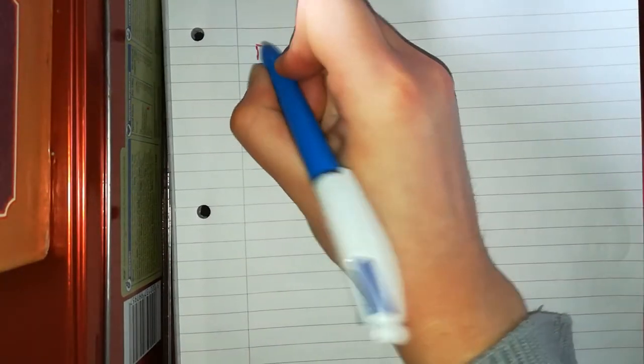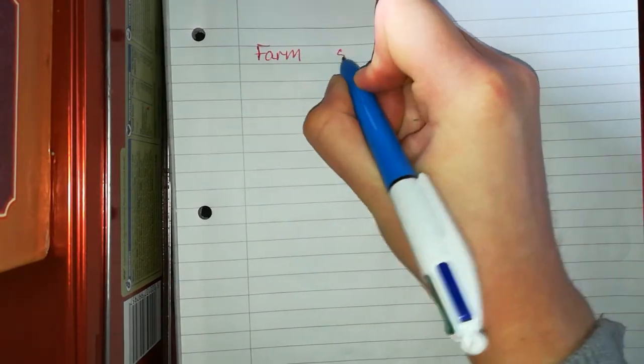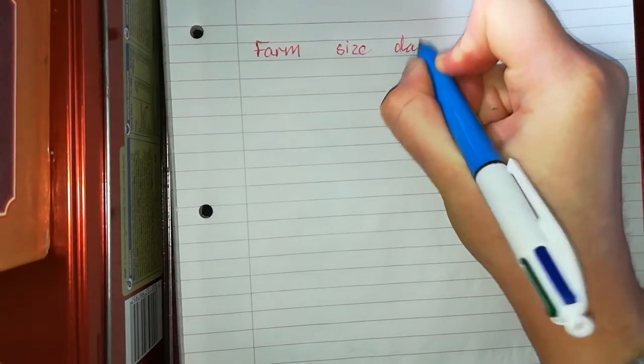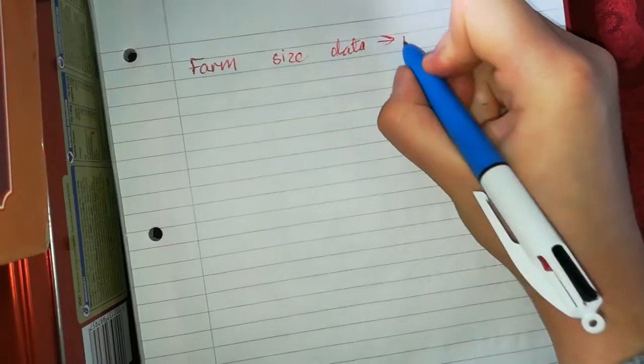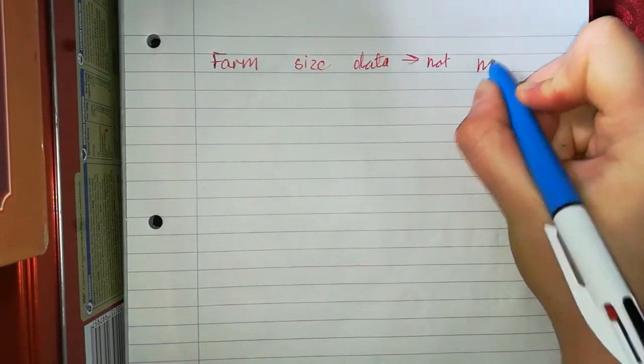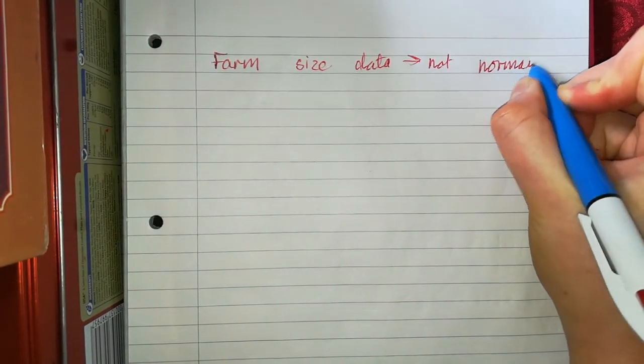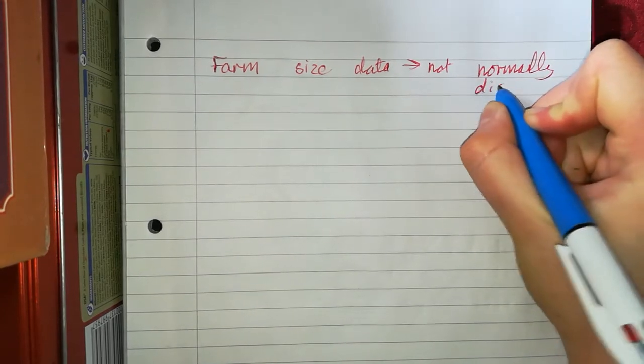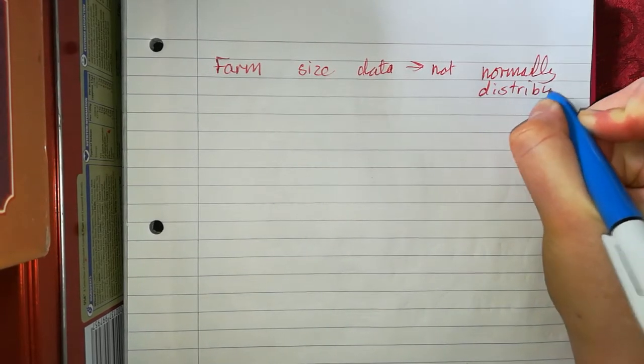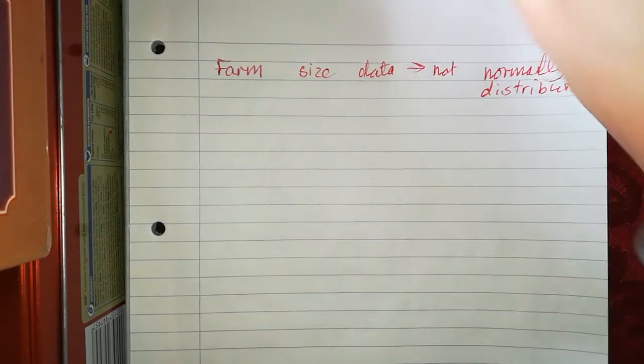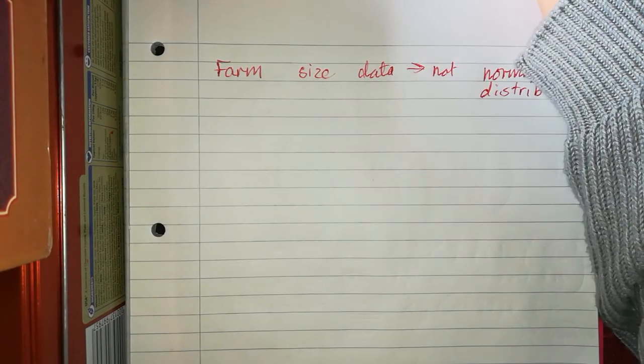If we were to graph the farm size data, it is not normally distributed, so it doesn't follow the standard normal distribution curve, but they could take many samples and create a sampling distribution of the means.